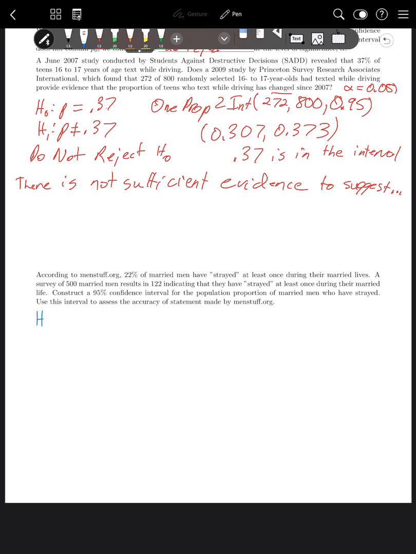So, H0 is going to be P equals 0.22. H1 is going to be, we're seeing if it's changed, so P does not equal 0.22. So we can make a 1 prop Z int using our sample data, which is 122 out of 500 at a 95% confidence level.